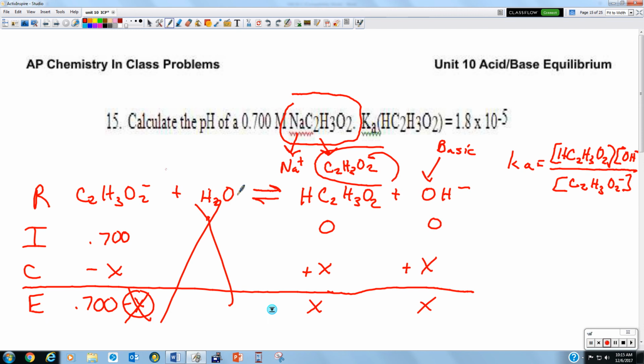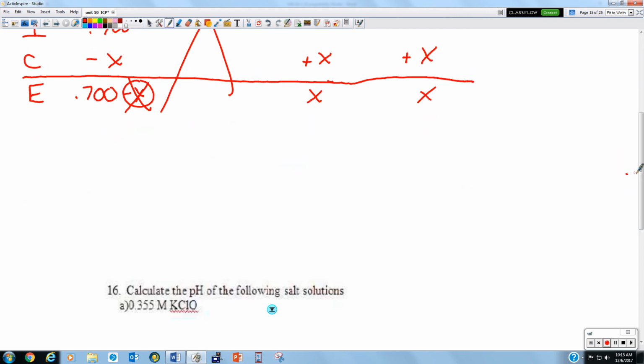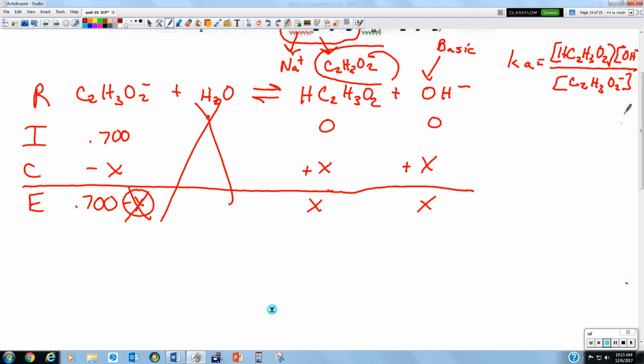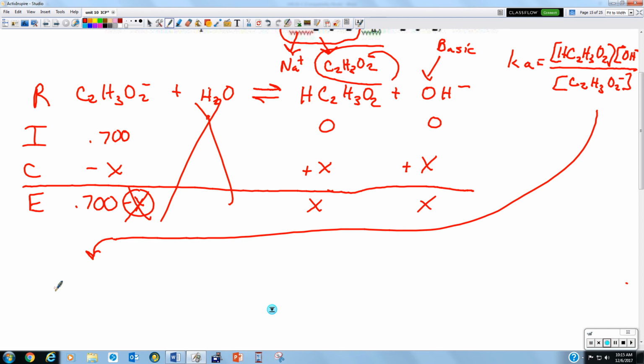So that means I can set up my equation, and I'm going to come down here to the bottom to set it up so that I have room.